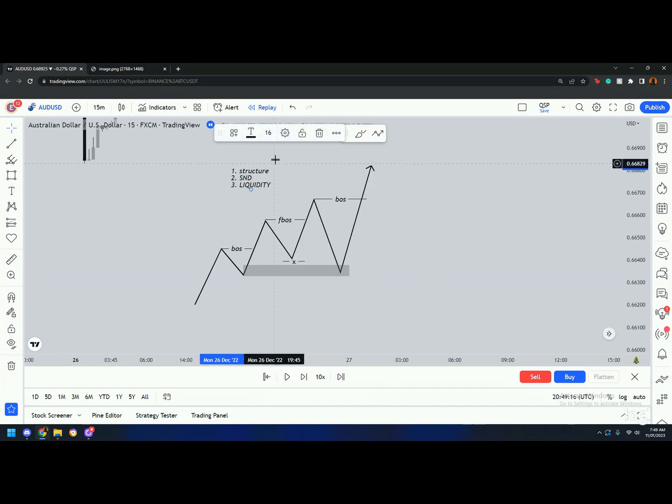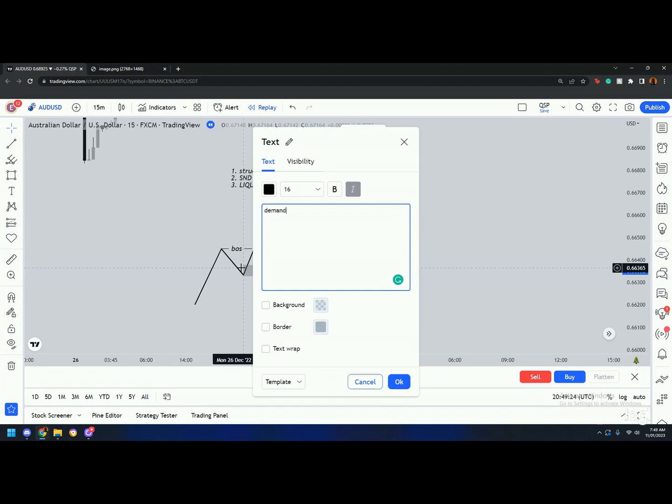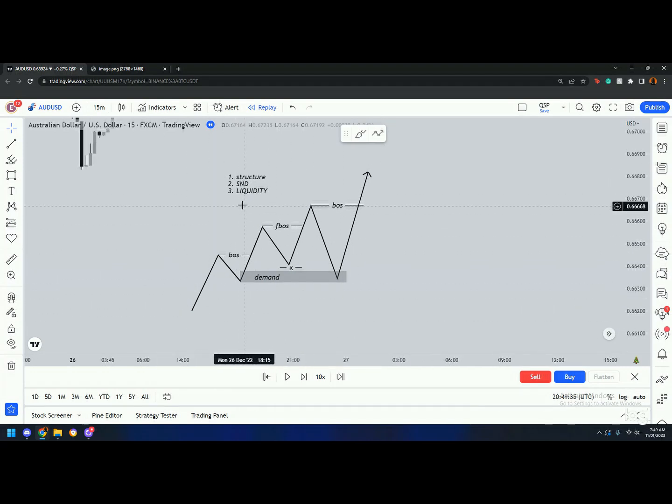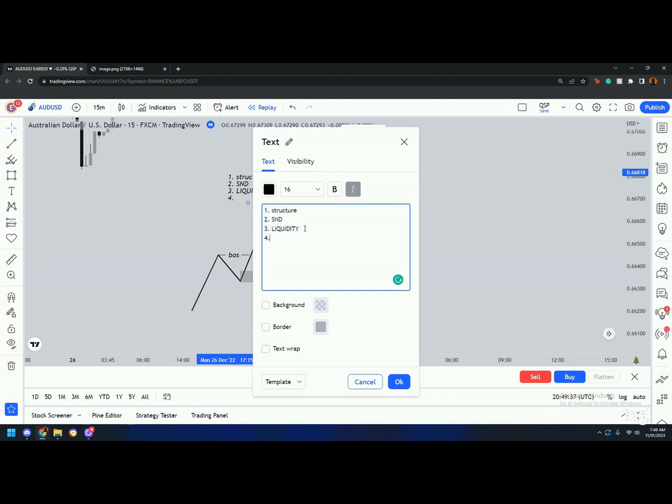I showed you how to use all that in a trade. So structure: break structure, break structure, break structure. Supply and demand: this demand zone here. And then liquidity, which is this fake break structure. We have those inducements here. Structure, S&D, liquidity. Now, the fourth one is confirm.